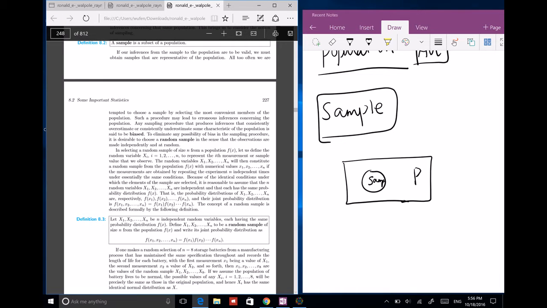One very important thing: if you use sampling data to produce some inference, for example, you get a sample mean value and use it to represent the population mean, obviously there exists some error. Any sampling procedure that consistently overestimates or consistently underestimates some characteristic of the population is said to be biased.